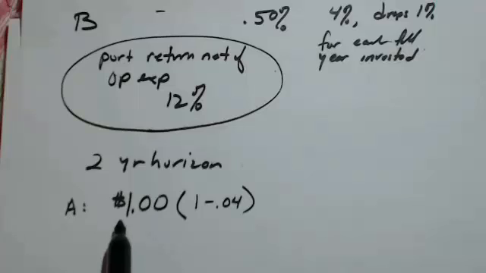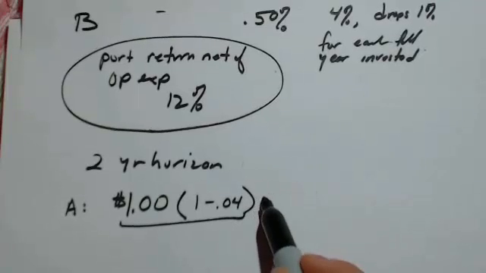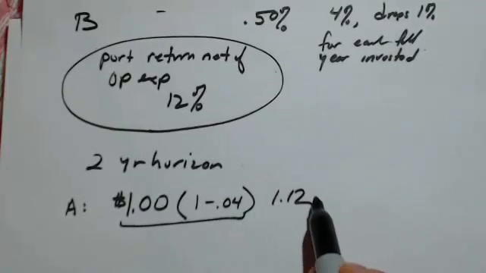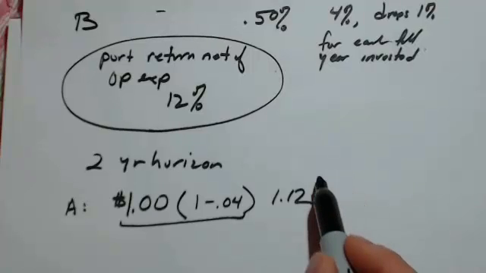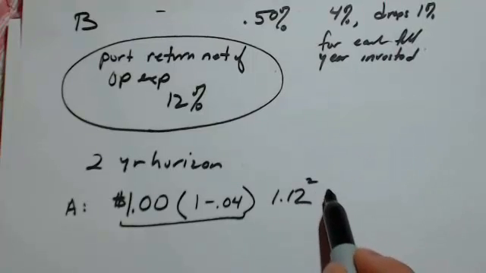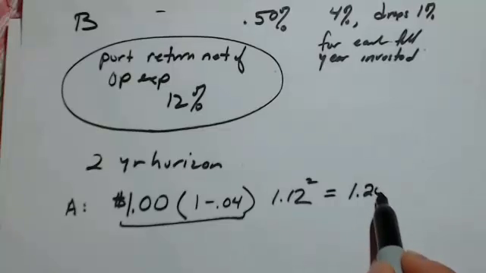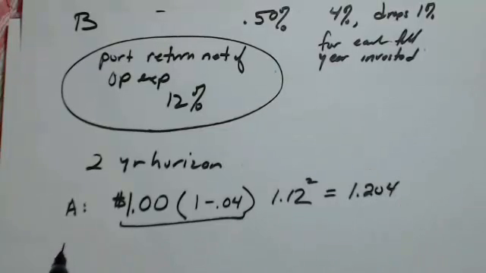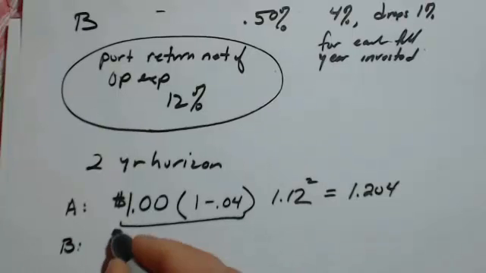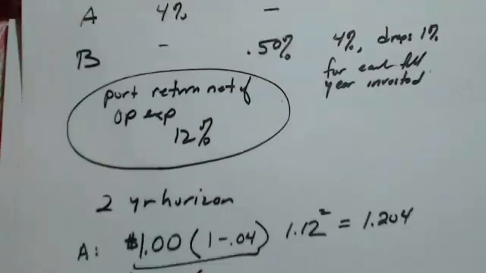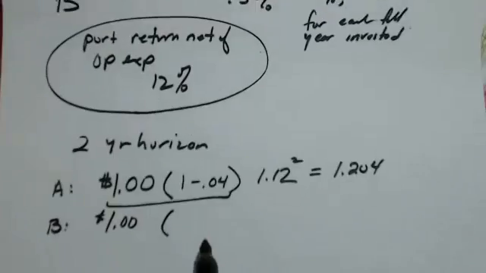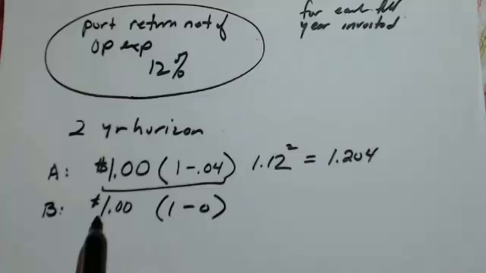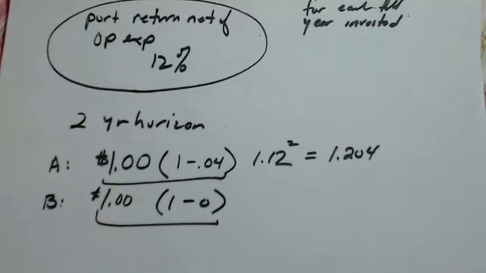Okay, so that 96 cents will earn 12% right after you take out the operating expenses for 2 years. It'll compound out. That'll be $1.204. Class B, let's see, you invest $1. Since there's no front end load, that is 0, all your money goes to work for you.